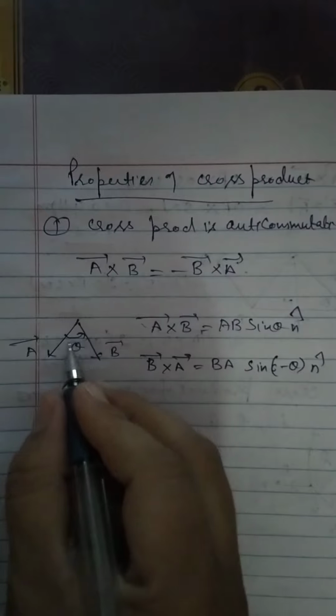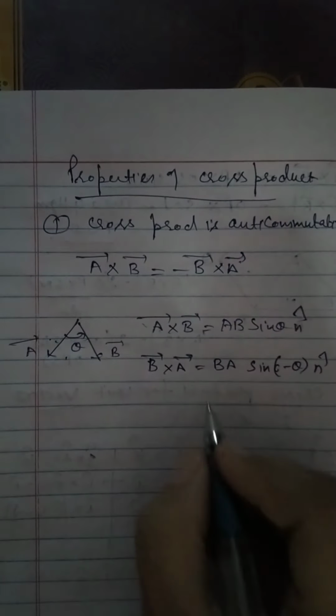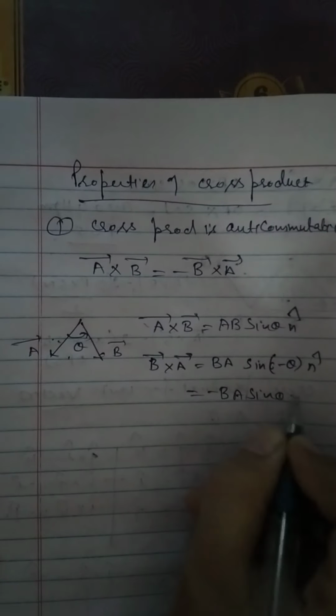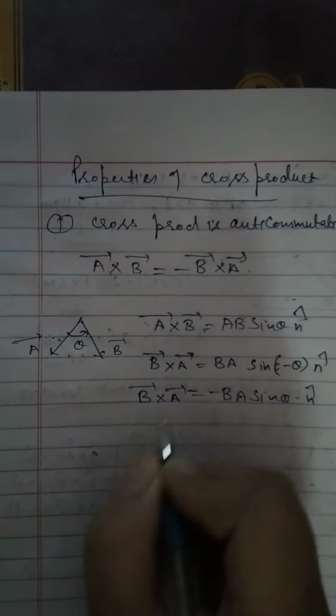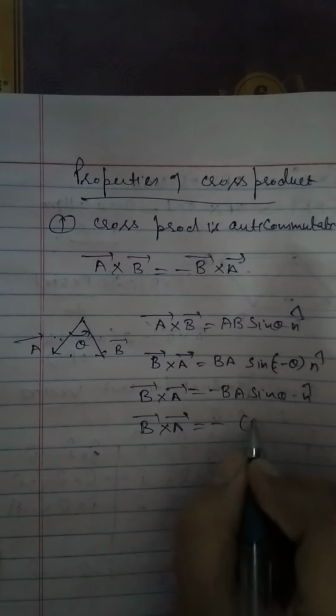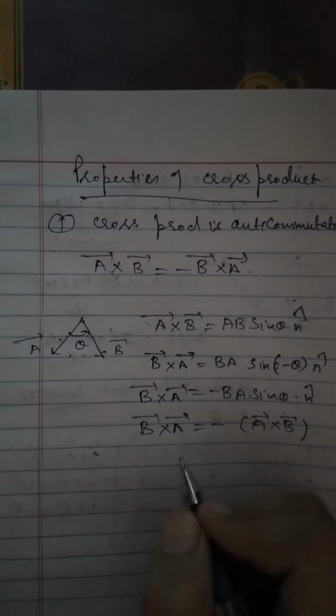Why? Because the angle gets reversed. अगर ये एंटी क्लॉकवाइज में तो क्लॉकवाइज एंगल B cross A. This is minus BA sin theta into n cap. तो ये B cross A is minus of A cross B. B cross A is equal to minus of A cross B.